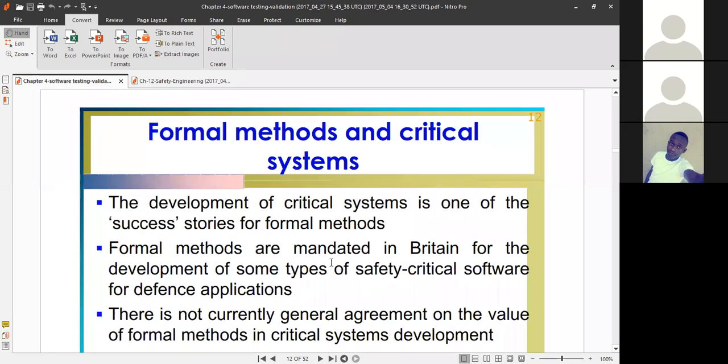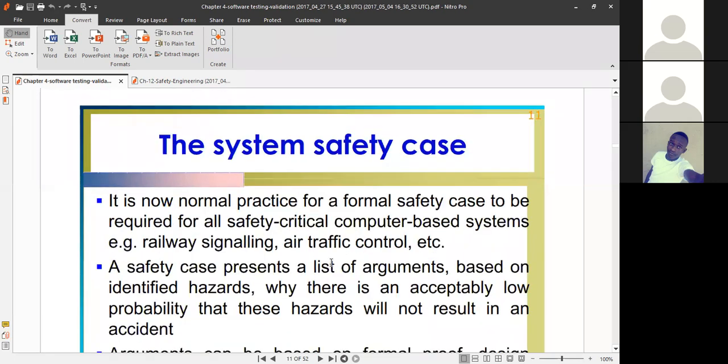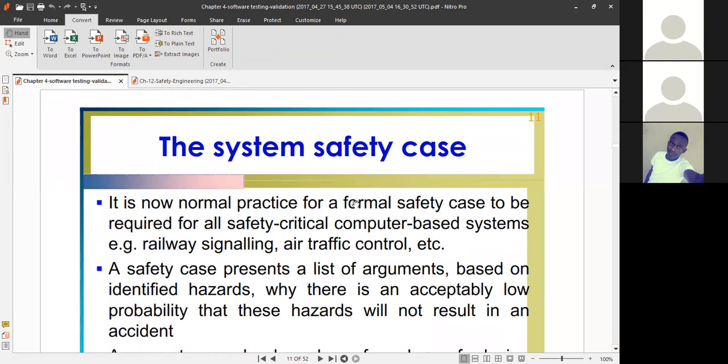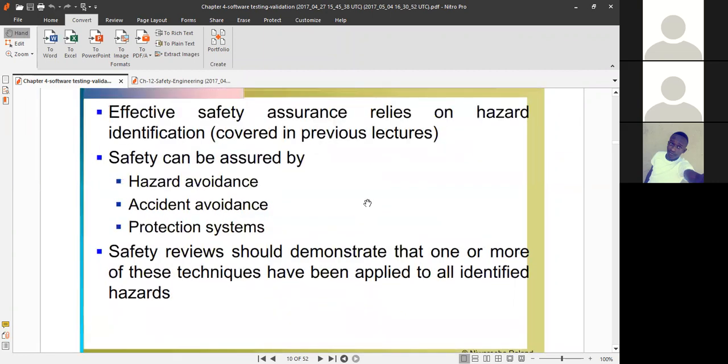Okay, safety cases also. I'll comment about them more later. Let me just try to talk about them quickly.